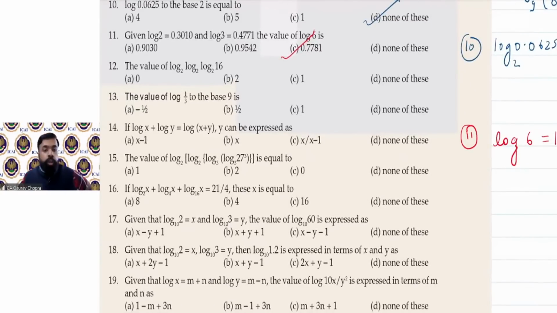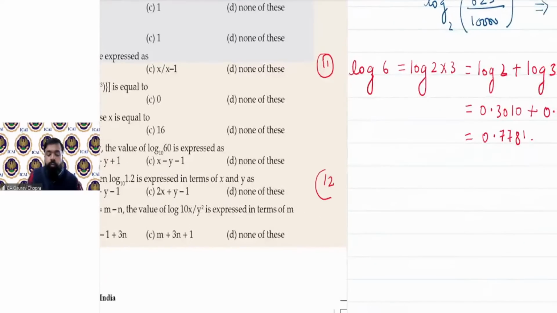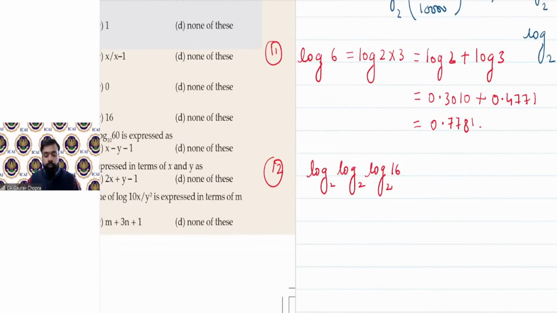Now the 12th one is very important. This kind of question is asked many times in exams. So it is a very important question. You can mark this. So let's solve the 12th one. Log base 2, log base 2, log of 16 base 2. Now how to solve this? 16 can be written as 2 to the power of 4.